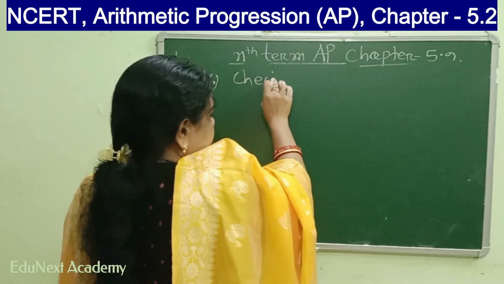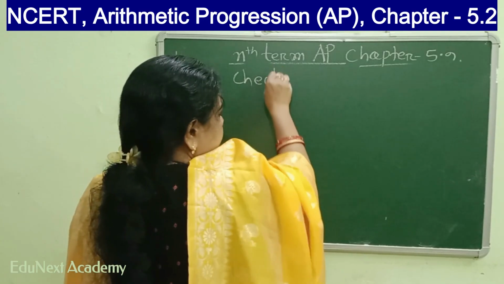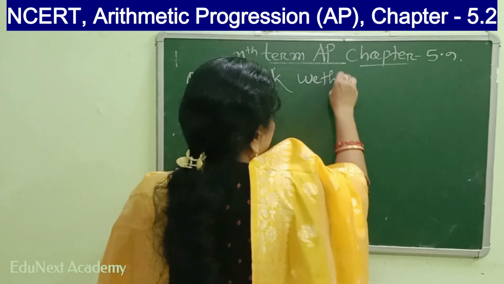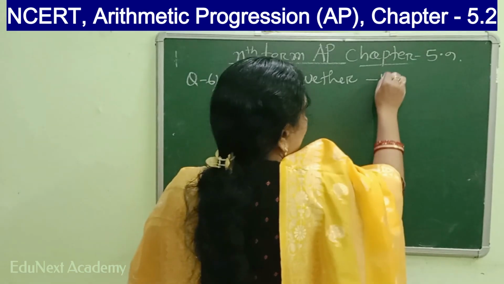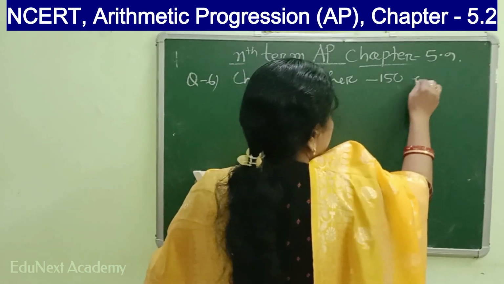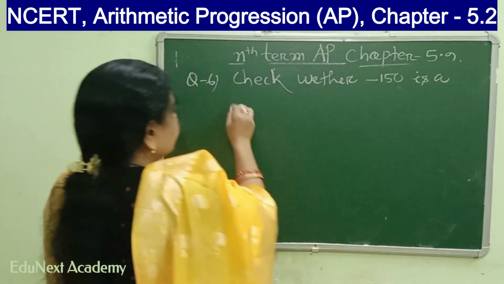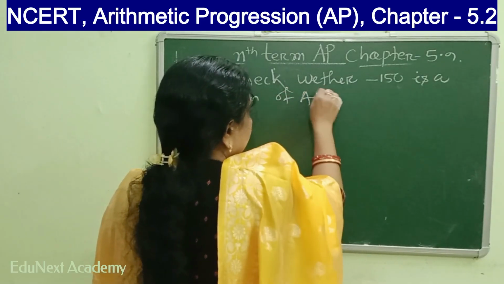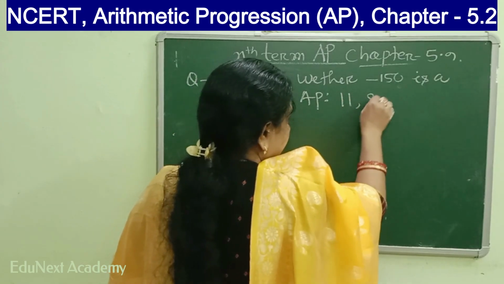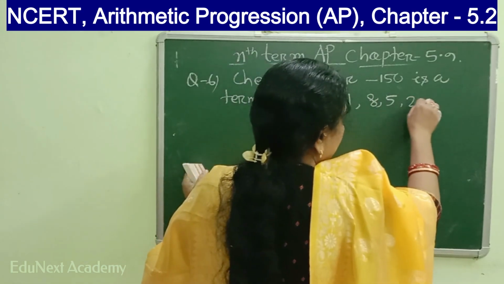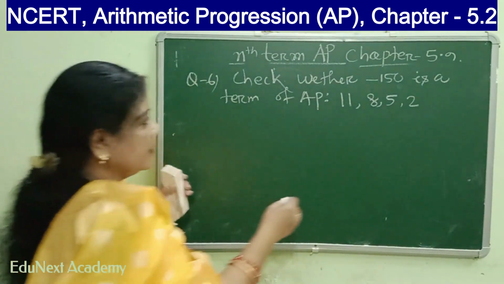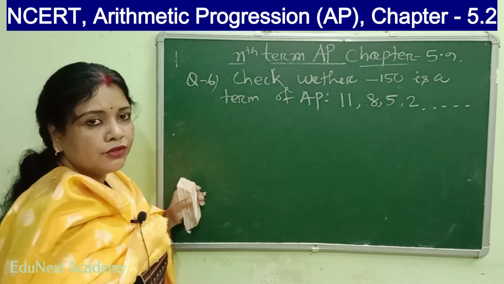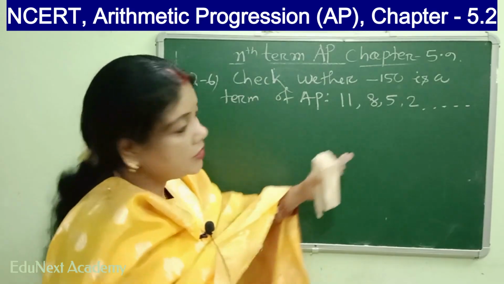So the question is: check whether minus 150 is a term of the AP 11, 8, 5, 2. Now it is a decreasing order. Obviously, we are going to get a negative term in the future.